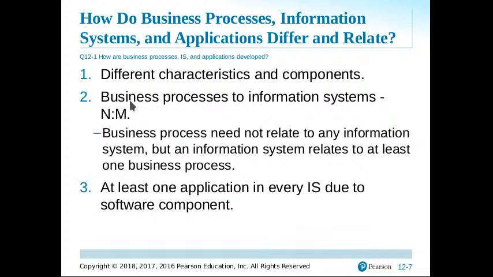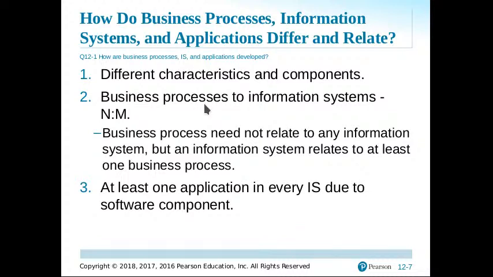And again here, remember each business process and information system may have a relationship like n to n. Alright, so that means given a business process, it may have zero information systems related or many information systems related to support it. And vice versa, each information system supports at least one business process, but each information system may support multiple business processes.